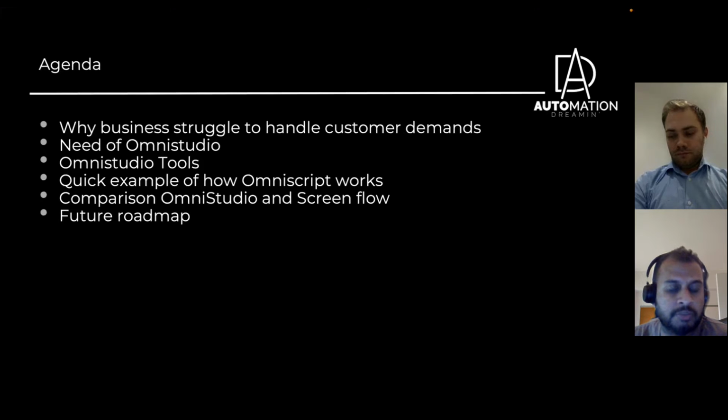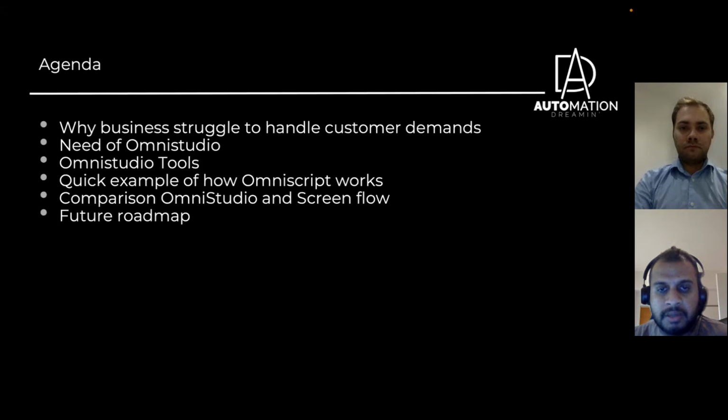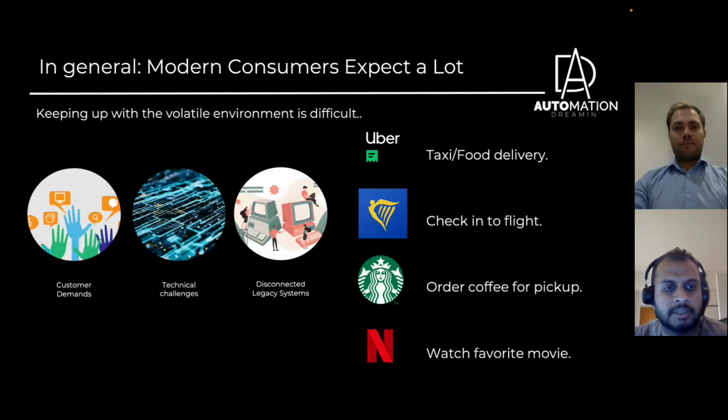And we'll spend a little bit of time talking about the similarities and the differences between OmniScript and Salesforce Flow, and how Omni Studio components are moving into Salesforce scope. Next slide.